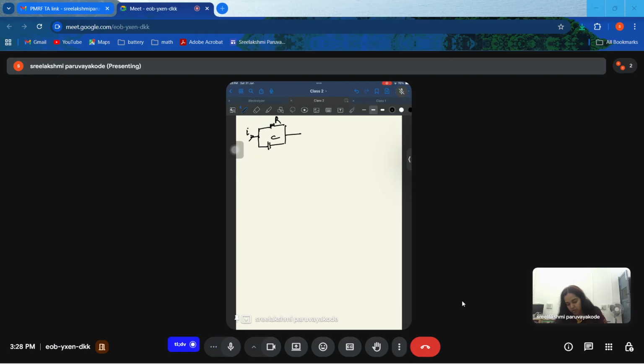The current comes here, some part of the current goes here, and some part of the current goes this way. Right? That's based on Kirchhoff's law. When they are in parallel, the potential is the same. So I1 equal to E by R. And what about I2?